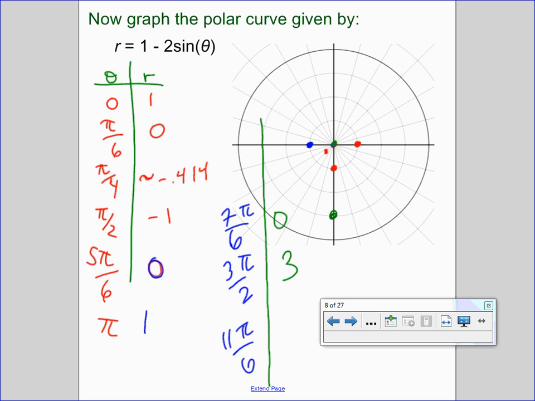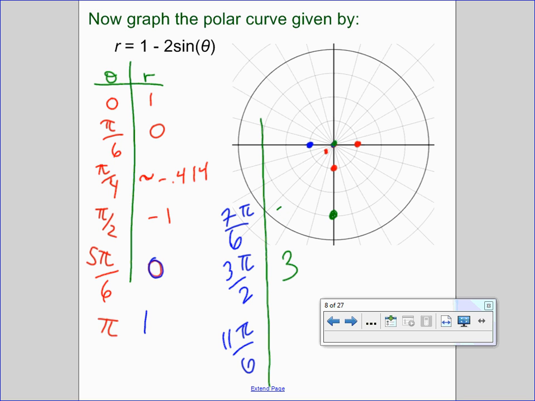So here, and 11 pi over 6. The sine of 11 pi over 6 is negative 1/2 times 2 is negative 1, 1. Oh, I know. Yeah, there we go. 2. That's way better.